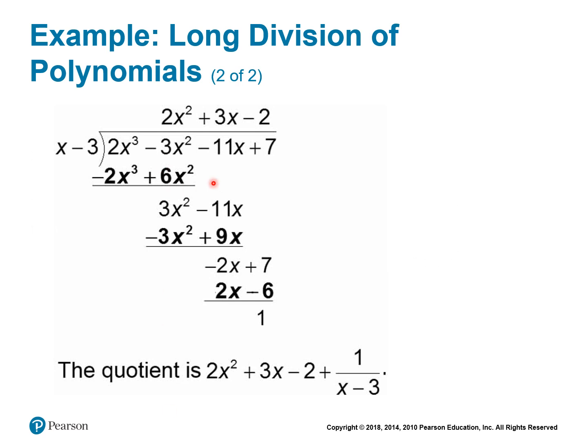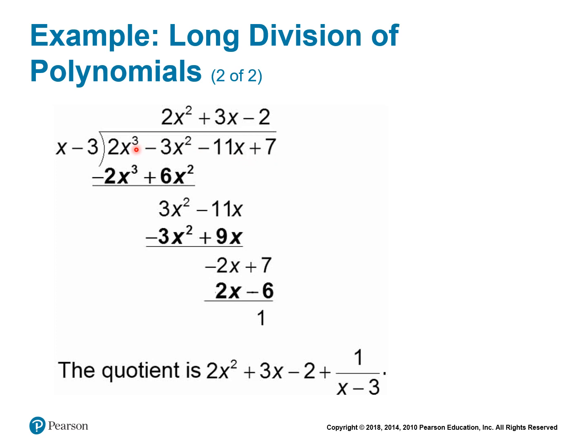Now let's walk through the process that they have followed, and I'm going to suggest some changes to the way they have worked this through. So we have the dividend under the long division symbol, 2x cubed minus 3x squared minus 11x plus 7, which we had arranged in proper polynomial order in the previous slide.